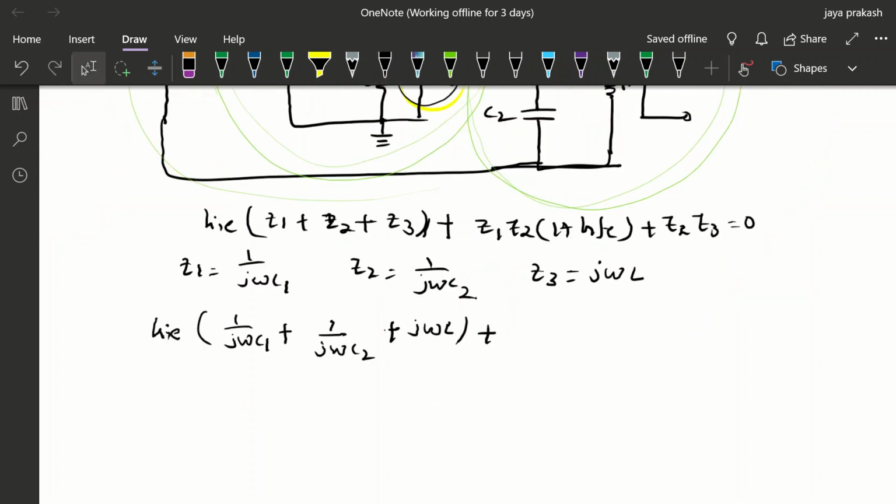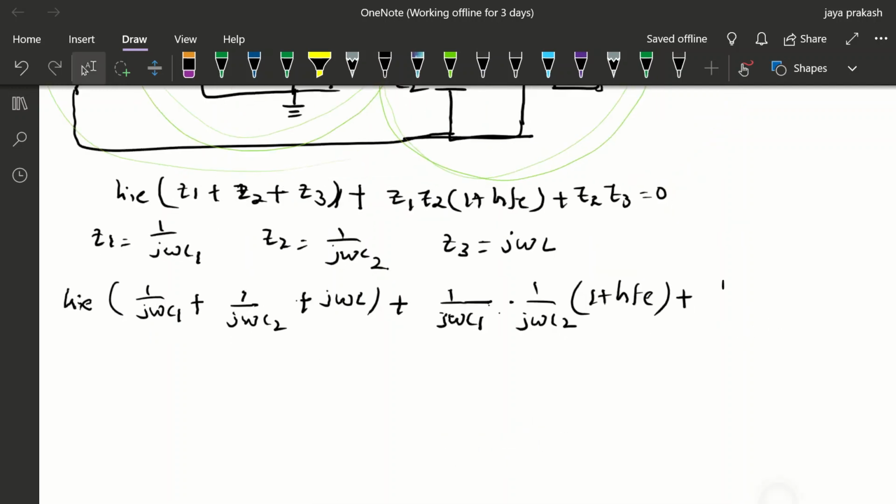Z1 Z2 means 1 upon j omega C1 into 1 upon j omega C2, into 1 plus hfe, plus Z2 Z3, 1 upon j omega C2 into j omega L, is equal to 0.